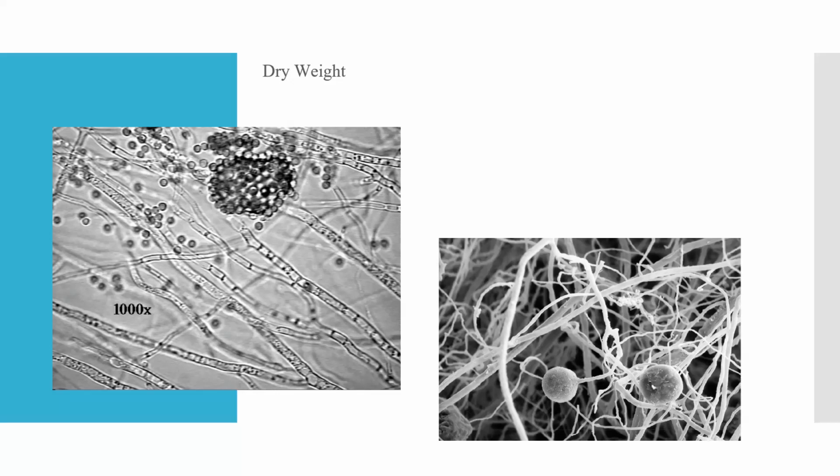So what they have done is simply inoculated one flask for a given time period, and then centrifuged it. After centrifugation, the liquid material remains at the upper part, the supernatant, and below it the pellet formation is there.